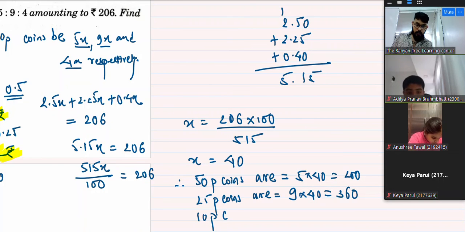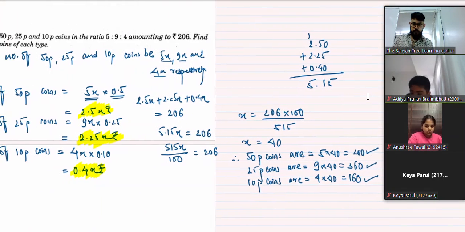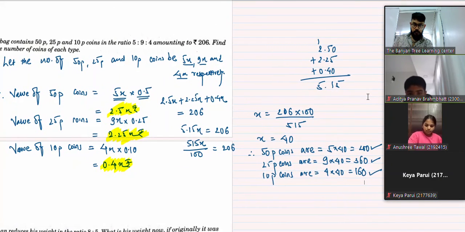And 10 paisa coins are 4x, which is 4 into 40, which is 160. These are the number of coins of each type.